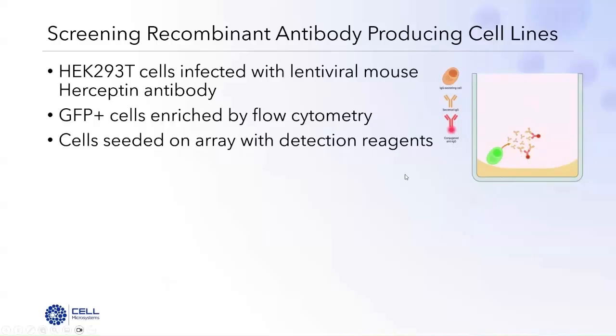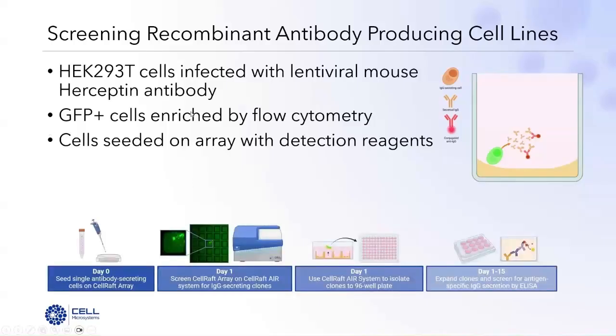And now, what's interesting about this project is that they had already done some work to enrich the population for GFP. So rather than just relying on the bright field or relying on ELISAs, they had done some upstream effort to get a presumably pure GFP population by flow sorting, and they then interrogated them for antibody production.